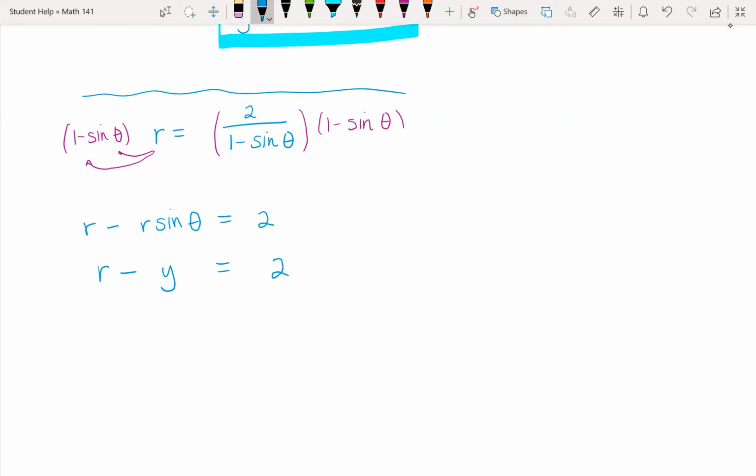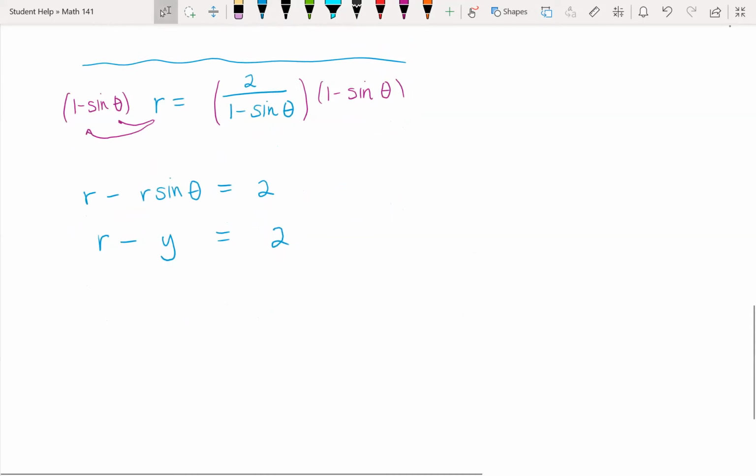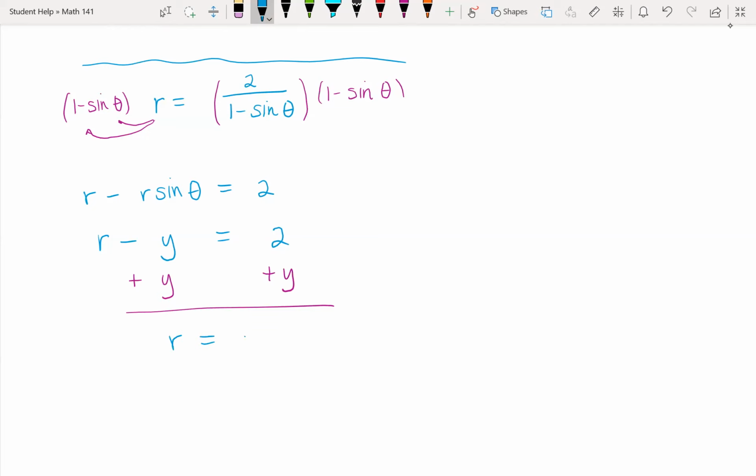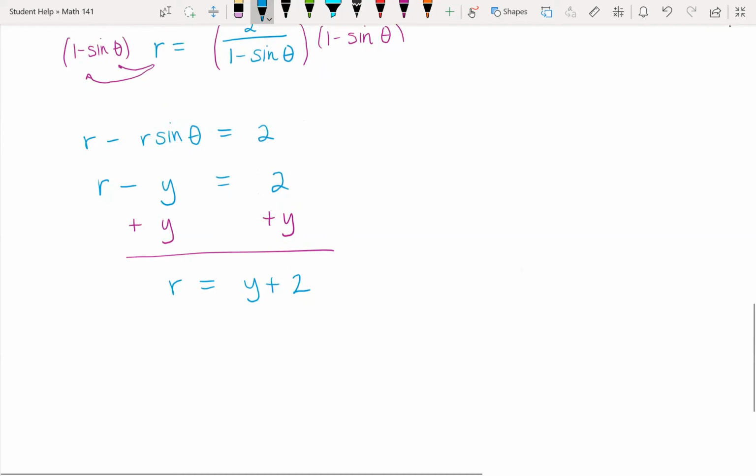I know that I'm done when I don't have any angles left, and I also don't have any r's left. I want to have only x's and y's to be my final product. So I'm going to move the y to the other side. You'll see why in just a second. It's kind of a trick that you learn. So r is equal to y plus 2. Because now what I can do is square both sides, rather than making an exchange.